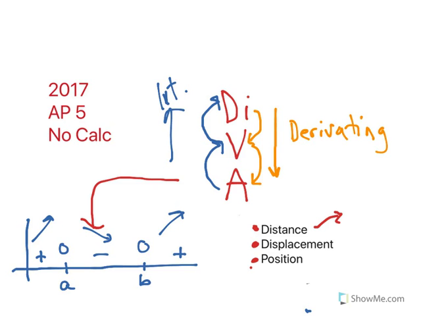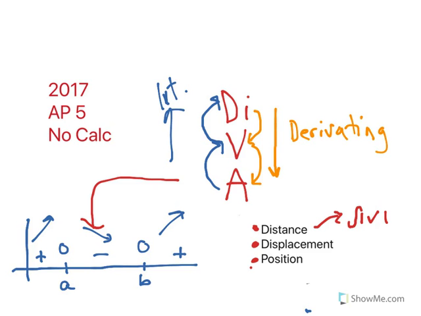We find that by integrating the absolute value of velocity, which we talked about the other day. You won't see that a lot on the non-calculator part because you really need your calculator to do the function that way.